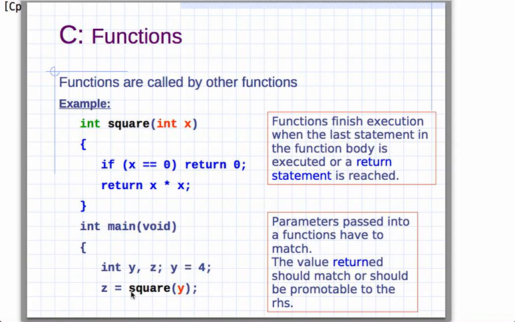That's because the structure of C is pretty flat. That is, functions are all sort of at one level. Even if they're outside your source code, they're still at sort of this one flat level. And so there's no hierarchy. You don't need a class name or anything like that.